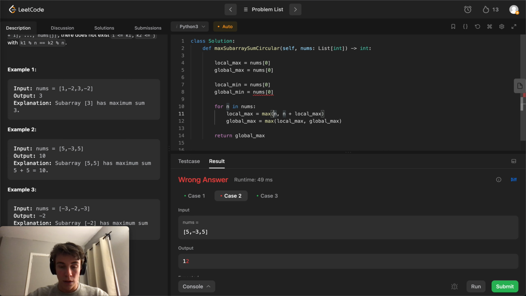And now let's go ahead and iterate through all of these, local min equals min of local min plus n, and n.